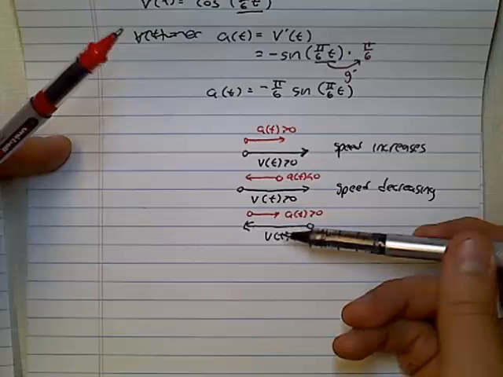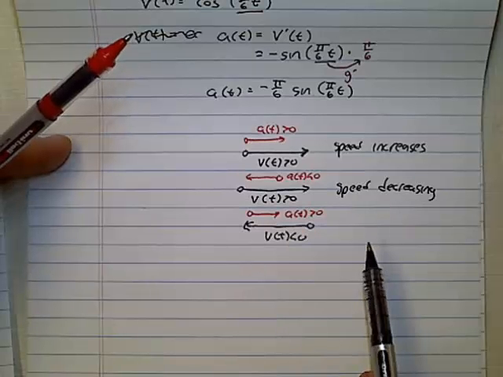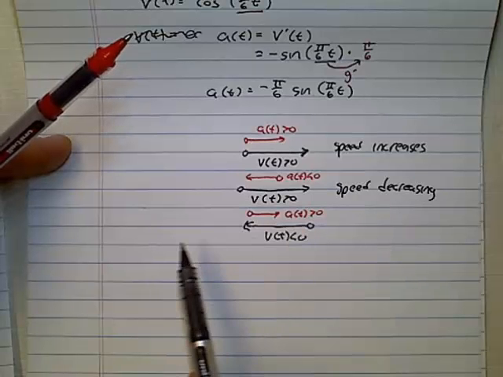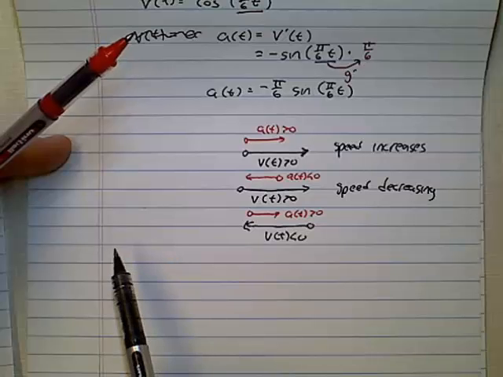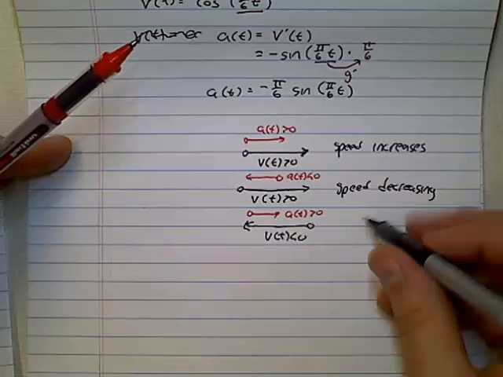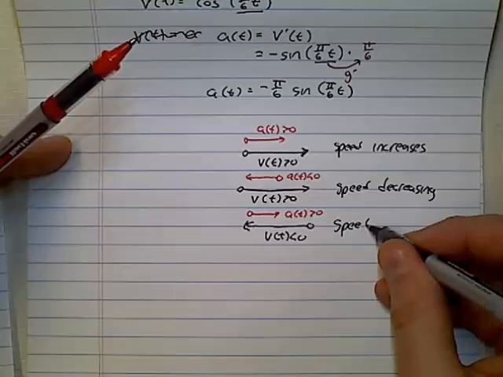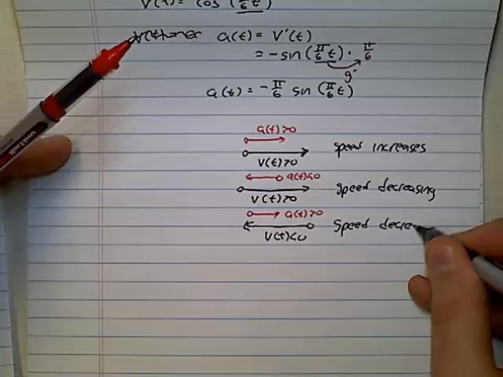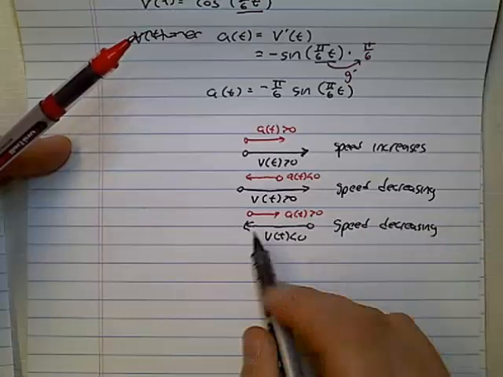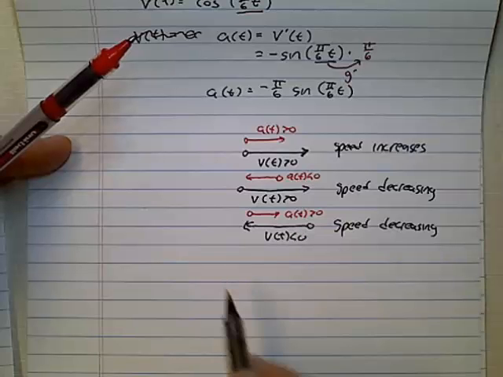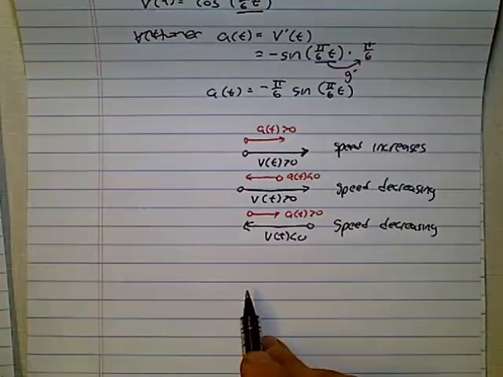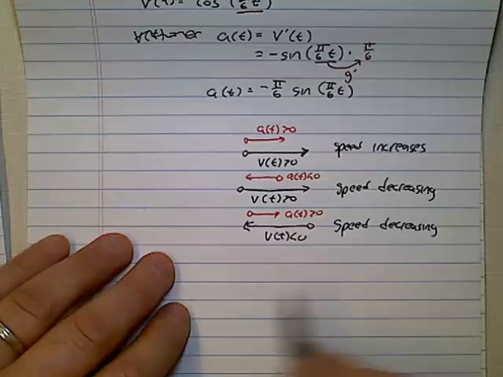So this object continues moving to the left, but it's slowing down. It's going faster and then slower. So the speed is decreasing even though the acceleration was positive, because the velocity was negative.